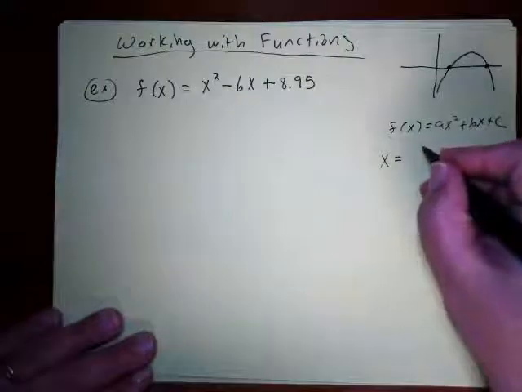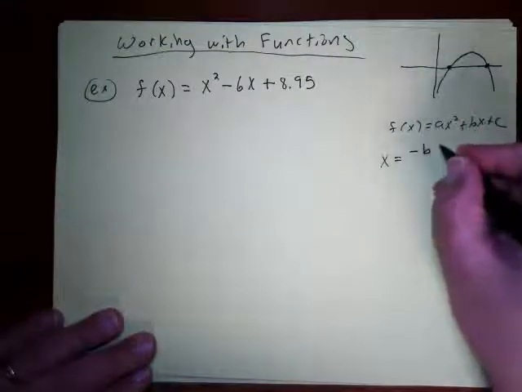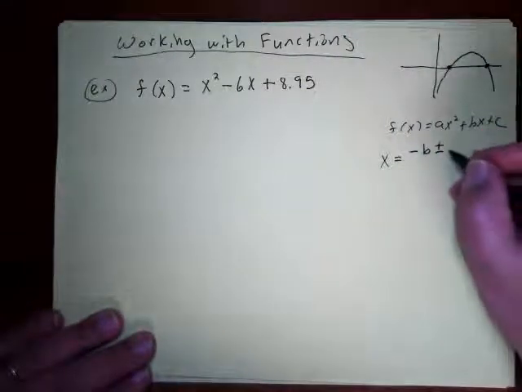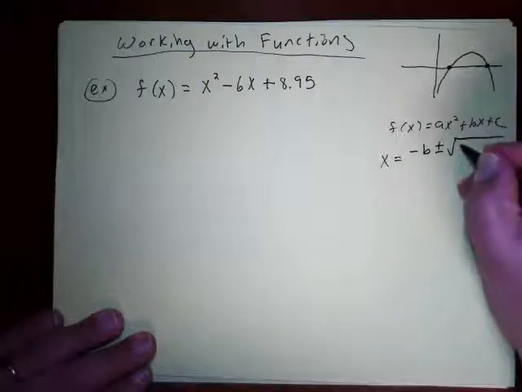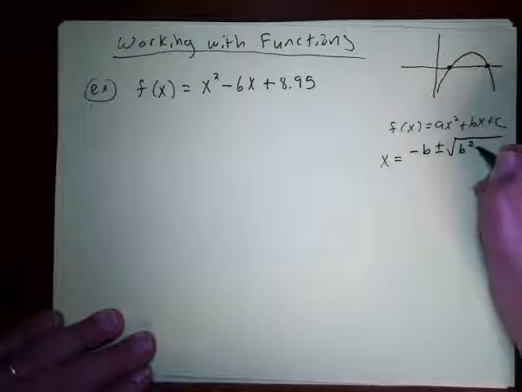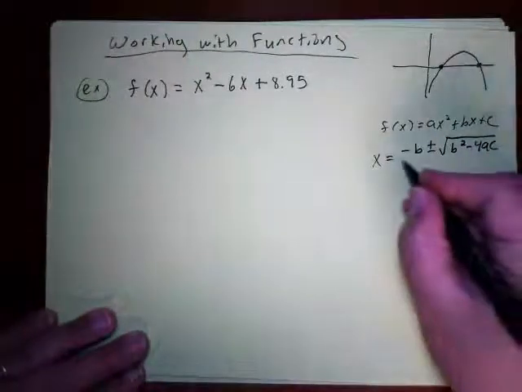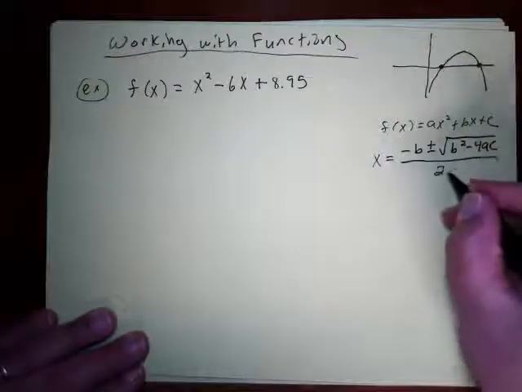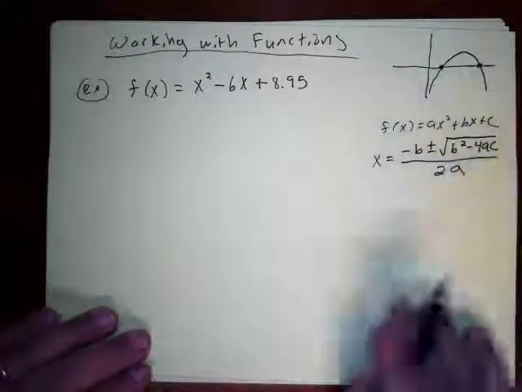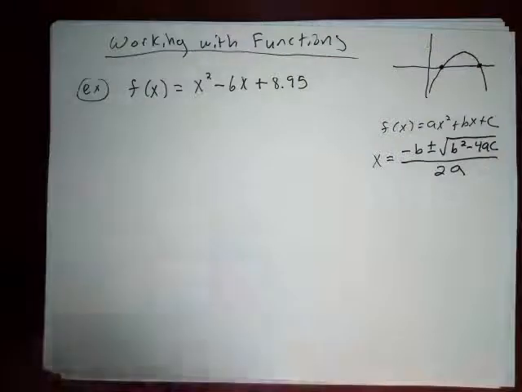The quadratic formula is just, you take the opposite of b plus or minus the square root of b squared minus 4ac, and then all of that is over 2a, right? And that'll actually give you the roots of the polynomial.